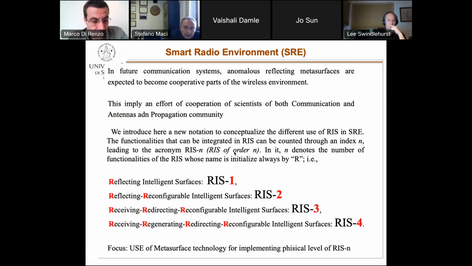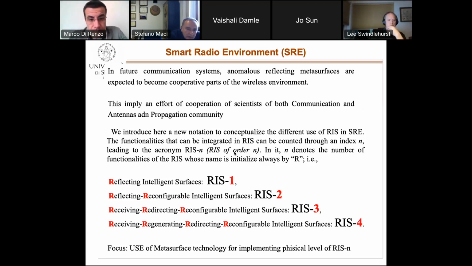The functionalities that can be integrated in the RIS can be counted through an index n, leading to the acronym RIS-n, where n denotes the number of functionalities of the RIS, whose name always starts with R. So we can introduce reflecting intelligent surface, which is RIS1, and reflective reconfigurable intelligent surface, which is RIS2, and this is mainly what is considered today by Marco in his presentation.